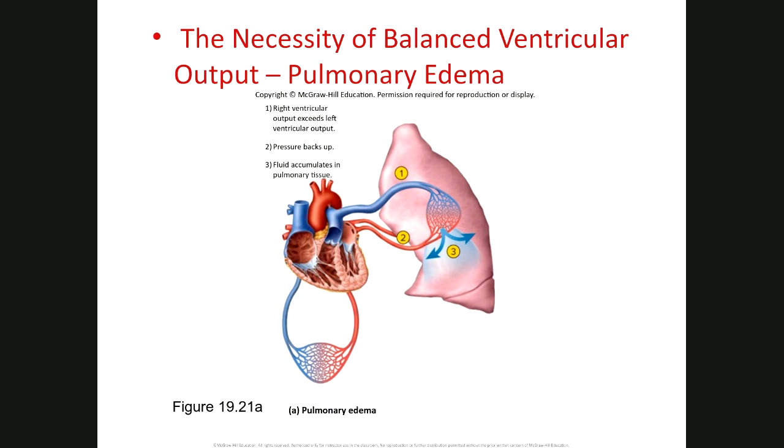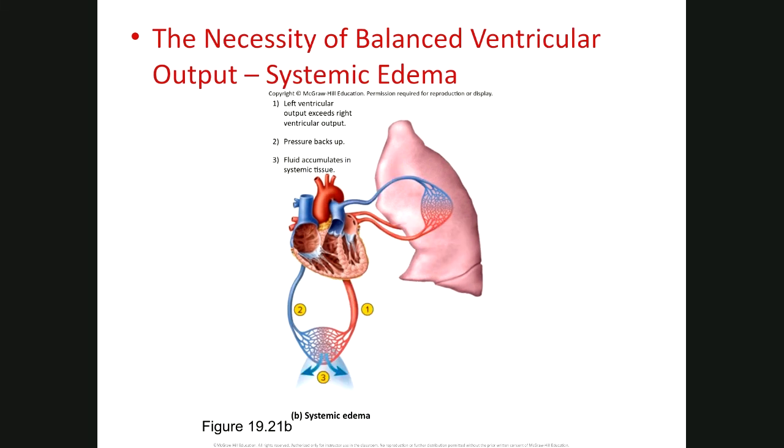Now, how about the left? If the left is overpowerful, what would happen is it will push blood, let's take the next picture here, from the left into the aorta and into the systemic circulation. Because it's overpowerful, you get more blood in the systemic circulation, too much for the venous side to pull back towards the right side of the heart.